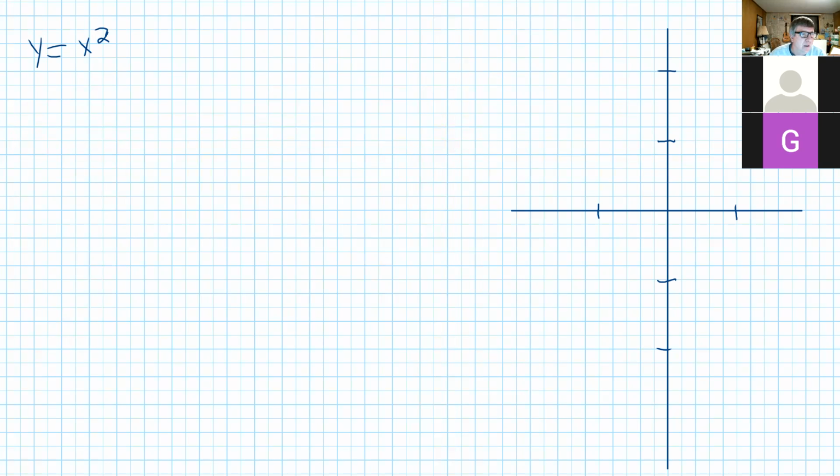Let's go back to the black one there. Okay. And I'm going to use the same. So basically, I'm just recopying that first graph I had on the previous page.